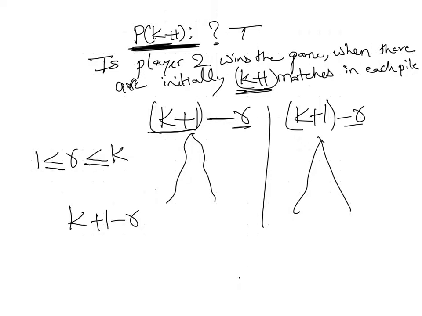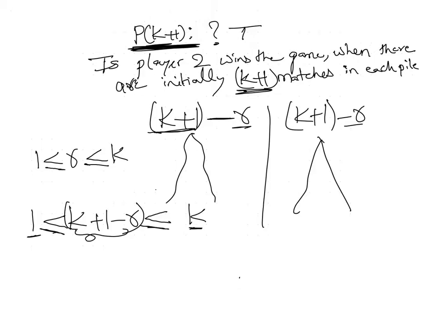Now what is this range? Always this particular value will be between 1 and k. When I remove r matches from k plus 1, this value always lies between k and 1; sometimes k plus 1 minus r is equal to 1, and sometimes it is equal to k.